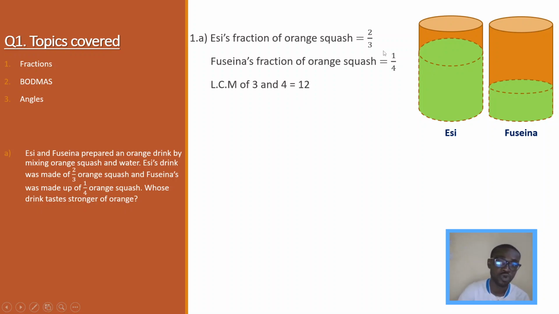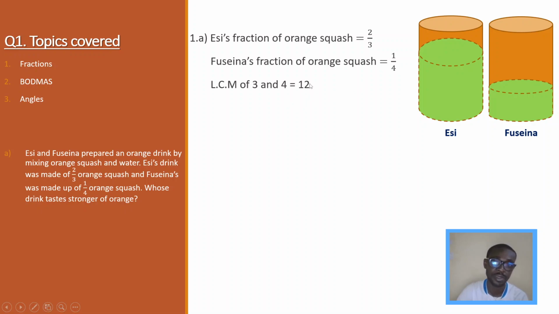Now, to be able to compare two fractions, we can get the least common multiple of their denominators. That is the 3 here and the 4 here. The least common multiple of 3 and 4 is 12. That is 3 and 4.